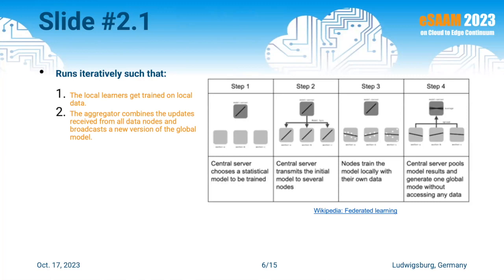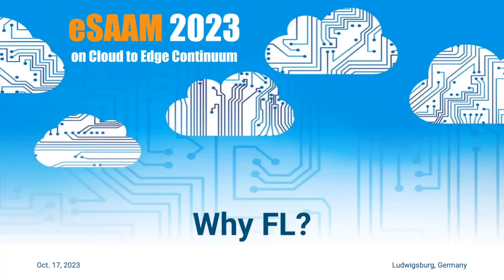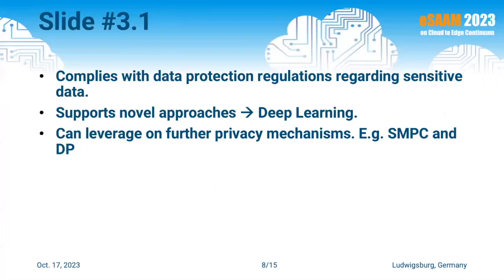The central aggregator combines all this incremented information or knowledge that it has. And then it broadcasts the newly generated model to all the data nodes. These two stages occur iteratively, and this is how the learning algorithm works. Next slide, please. So why federated learning?